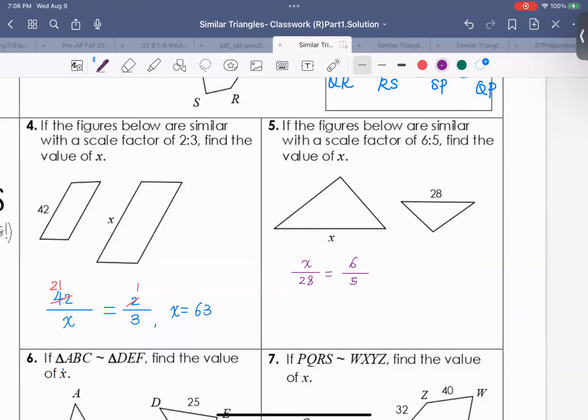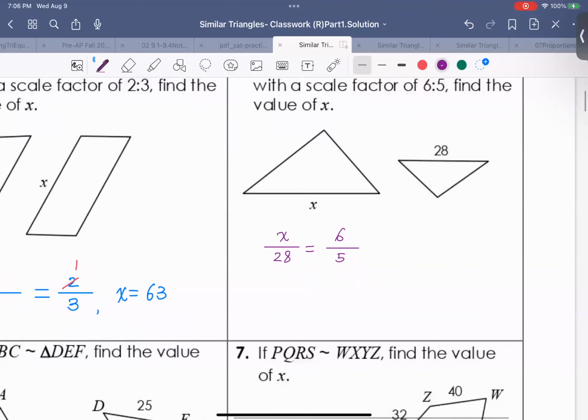And then you can do the cross multiplication. So 5x equals 28 times 6. Make sense? And then x will be, how much is this product? 168, right? Yes.